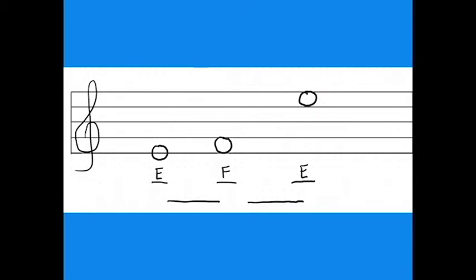So our original interval, E to F, is going to be a 1, 2, second, and our inverted interval F to E is going to be a 1, 2, 3, 4, 5, 6, 7, seventh.